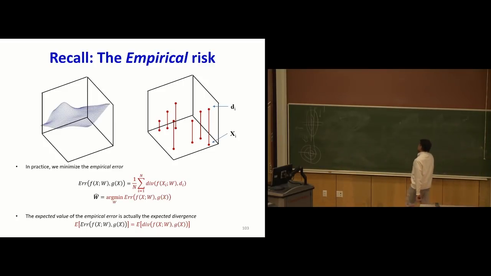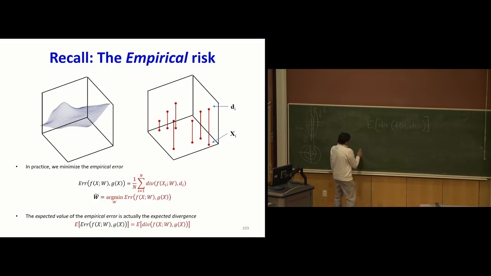What I really want to minimize is the expectation of the divergence between the function at the value of x and the desired output of the value of x. This is basically what I want to minimize, correct?